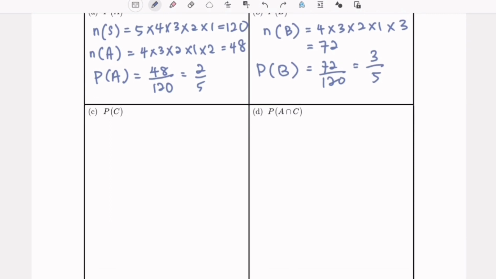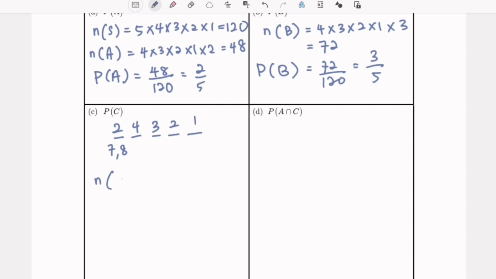Right, for PC, if you want to make sure the number is greater than 60,000, you have 2 options for the first digit, either 7 or 8. So you have 2 options to choose from. And then the next digit, you have 4 options, and 3, 2, 1.